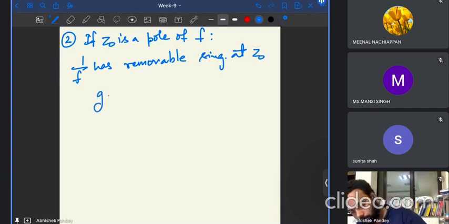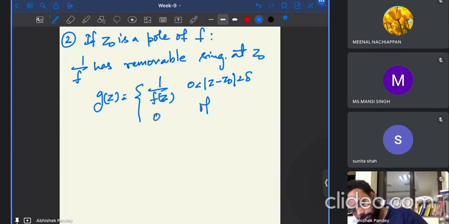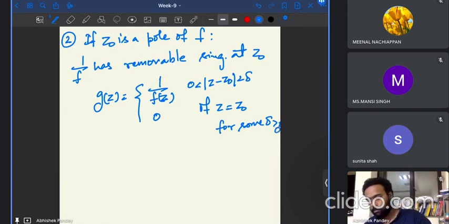So if you define g(z) as 1 by f(z) in some deleted delta neighborhood of z naught, and 0 if z is equal to z naught, for some delta positive.